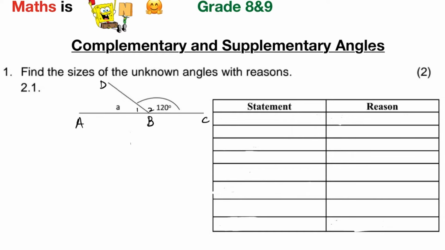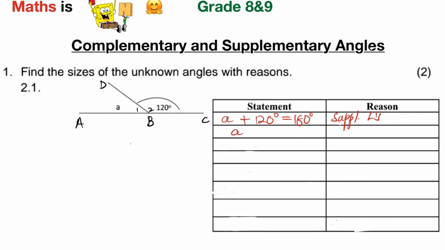So this is what we're going to do. We're going to add the two angles in a straight line, this angle and this angle. So we'll say A plus 120 degrees equal to 180. We'll say supplementary angles, or angles in a straight line.